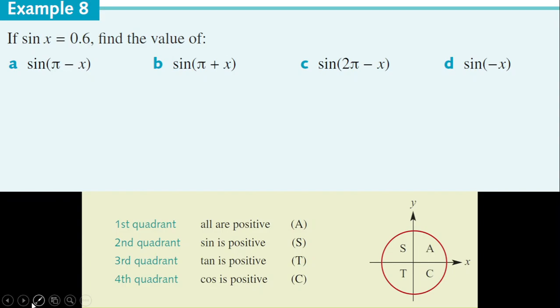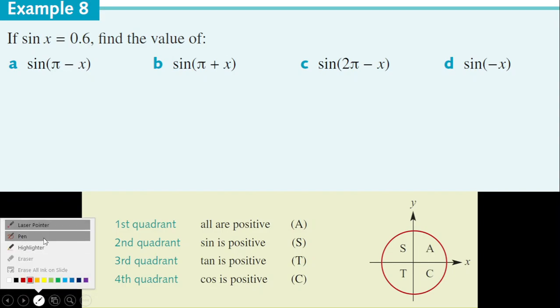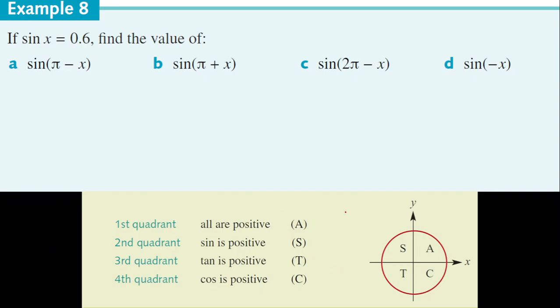What I like to do is annotate. I forgot to mention that. That's kind of handy. So here is your angle in the first quadrant, so theta. Second quadrant is pi minus theta. Third quadrant is pi plus theta.